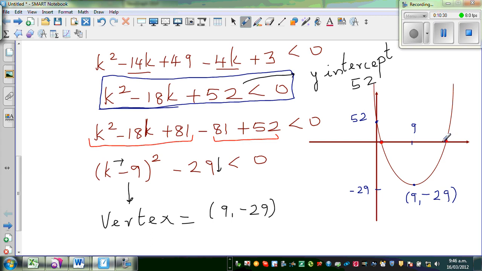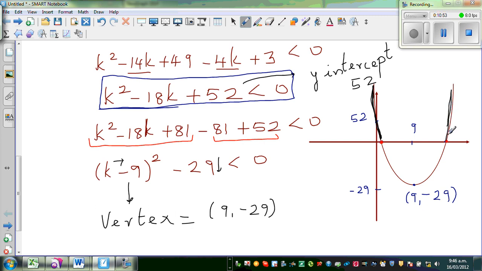For the points outside these, the value of the function is greater than 0.